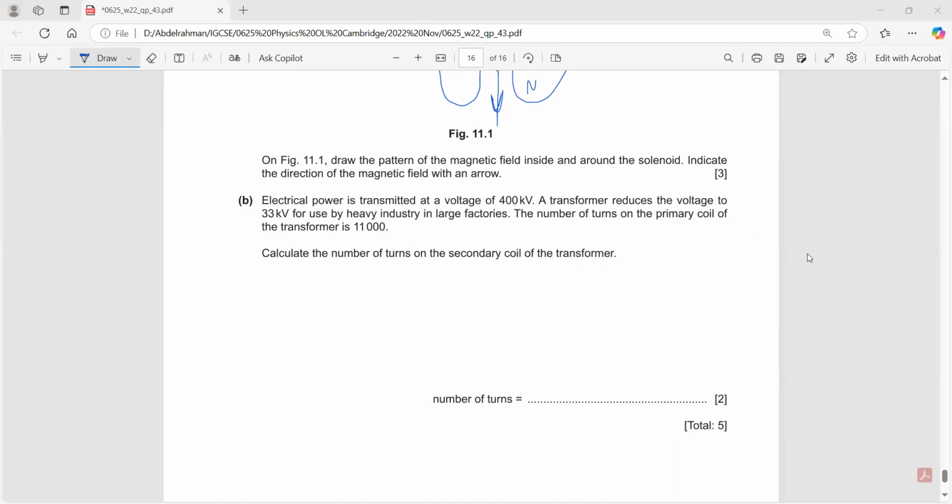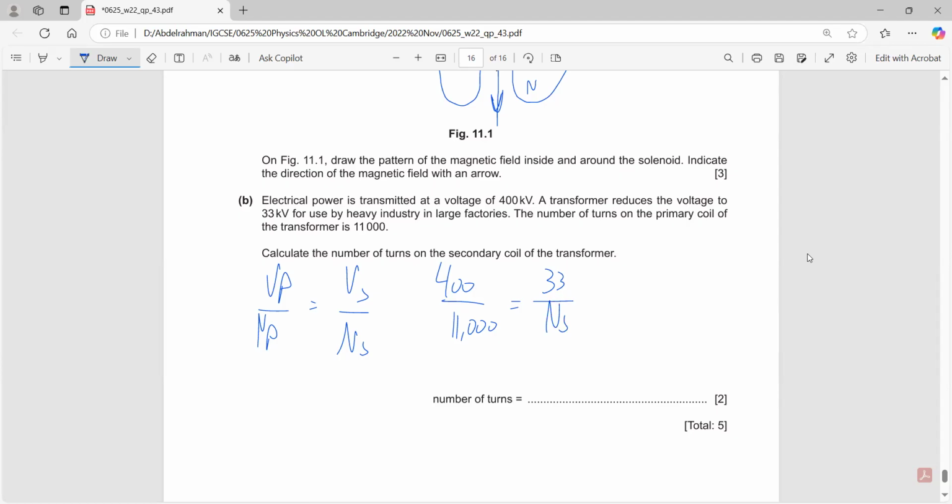You have the equation VP over NP equals VS over NS. What is VP? 400 kilovolts. You can just leave it as kilovolts. NP, the number of primary coils, is 11,000. VS is now 33. Can I find NS? Yes, cross multiply.